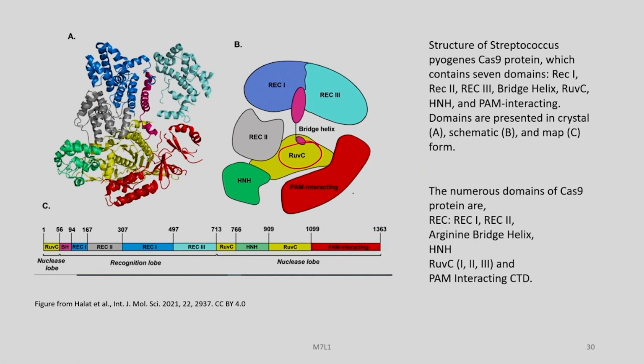In 3-dimensional space they are arranged in this spatial distribution, and this is the linear gene sequence arrangement, but when it is expressed into a protein, it will fold in 3-dimensional space, and then you find the various domains in 3-dimensional space in some structure simplified like this.